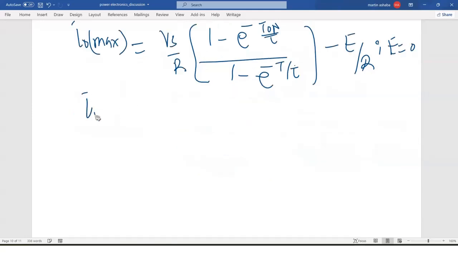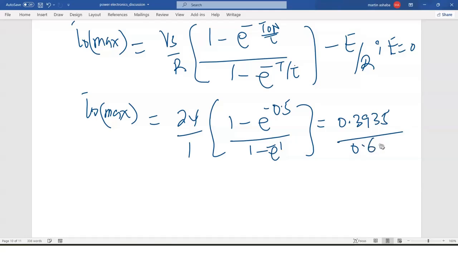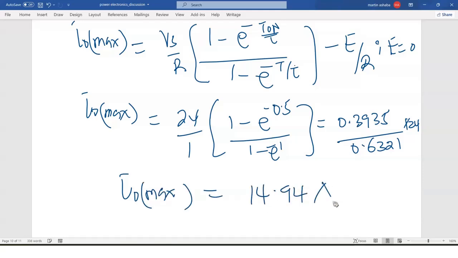So let's substitute to get I naught max is equal to Vs, which is 24, divided by 1, where 1 is the resistance, times 1 minus exponential of negative 0.5 divided by 1 minus exponential of negative 1. So this is giving me 0.3935 divided by 0.6321 times 24. So I naught max is actually giving me 14.94 amps.